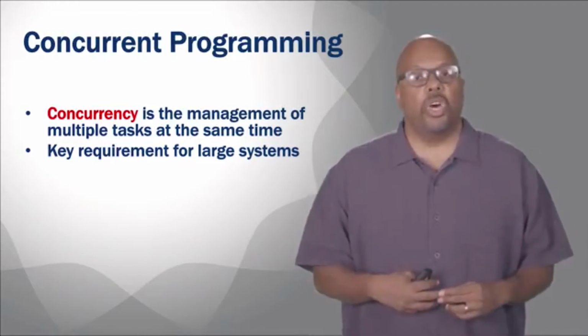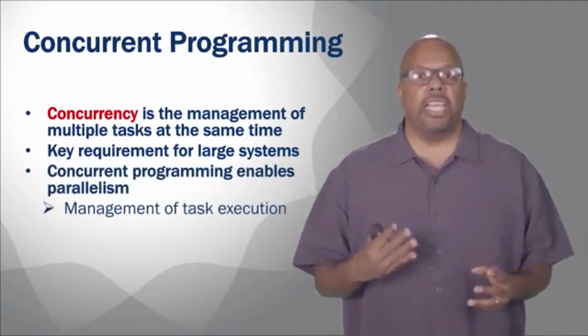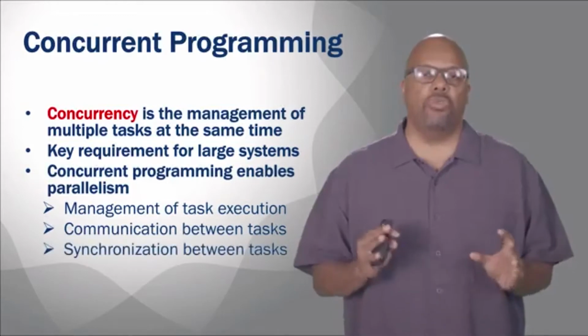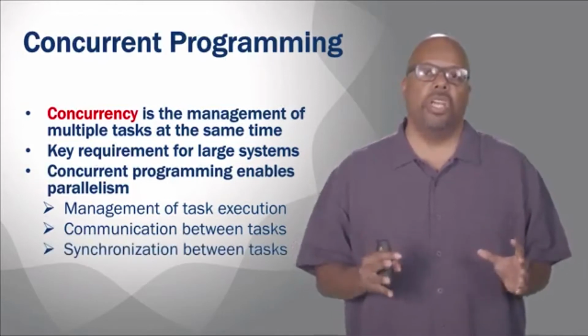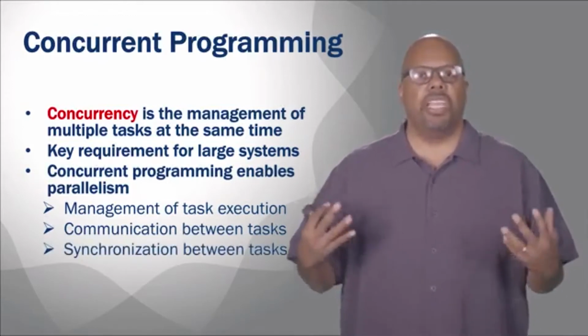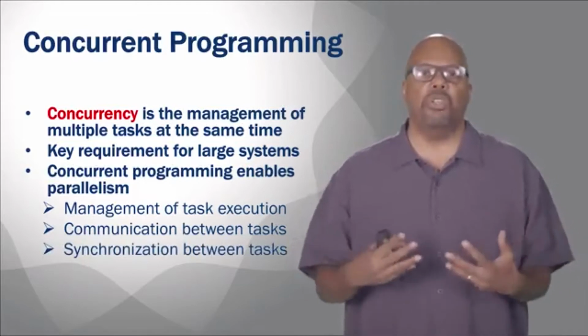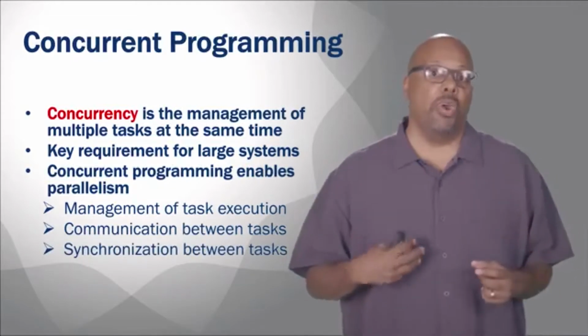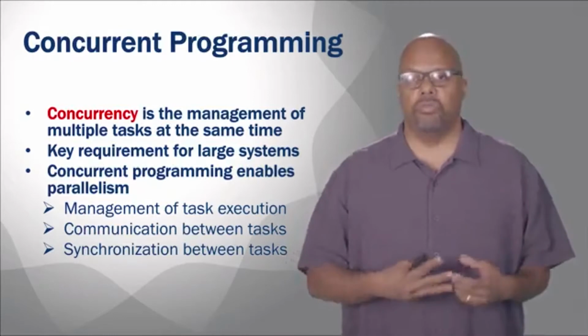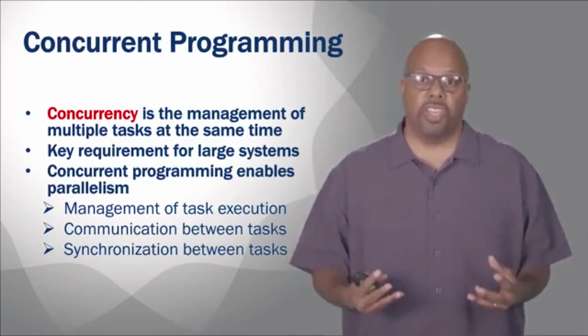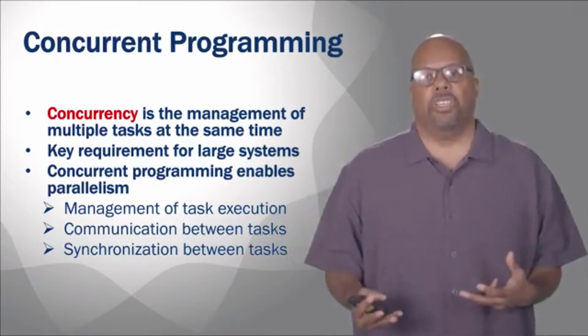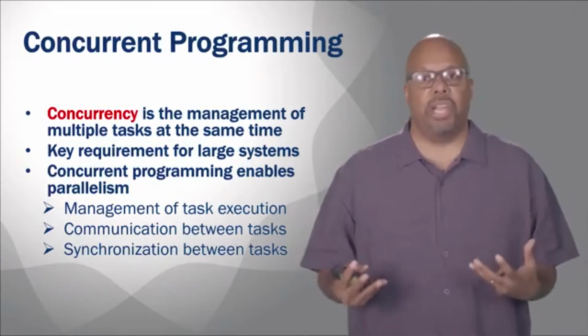So concurrent programming enables parallelism. If you can write code so that multiple tasks can be alive and communicating at the same time, then if you have the parallel resources, multiple cores, multiple memories, then you can map them onto those parallel resources and get parallelism.